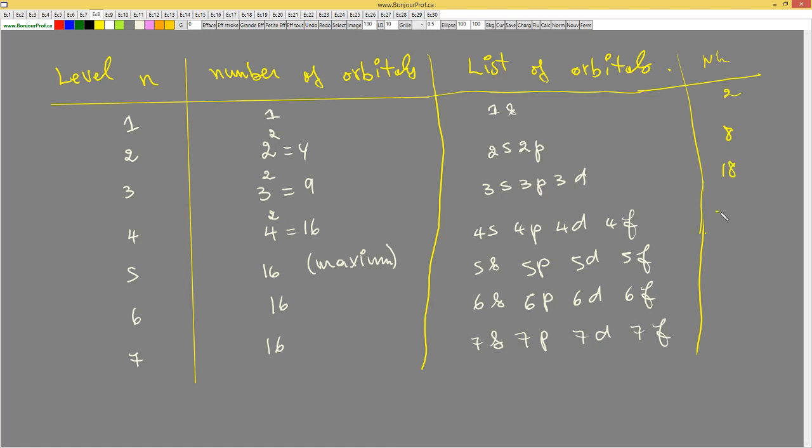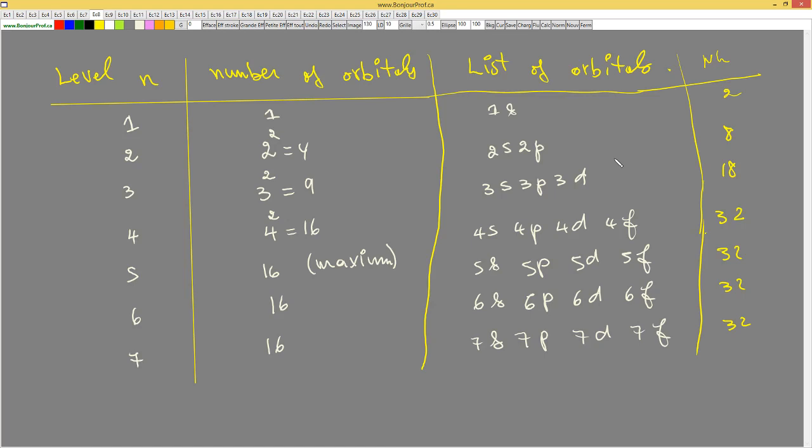Here it will be 32, and then we have 32, 32, 32. So these are the orbitals, and these are the levels. How many levels do I have? 7 in the periodic table, and these are the orbitals. Now what we are going to do is see how the electrons are distributed, for example, in an atom.